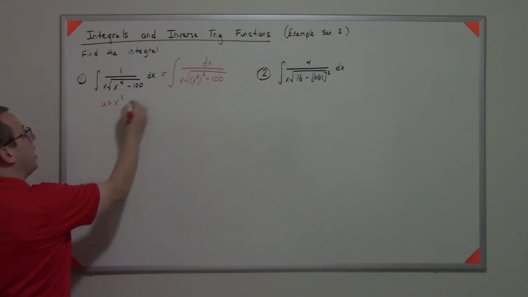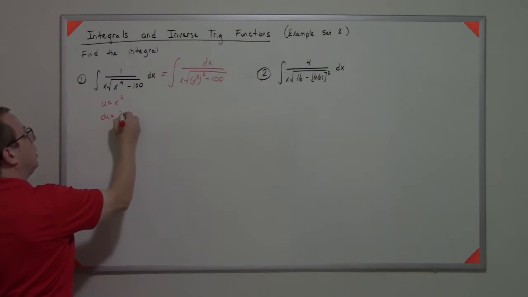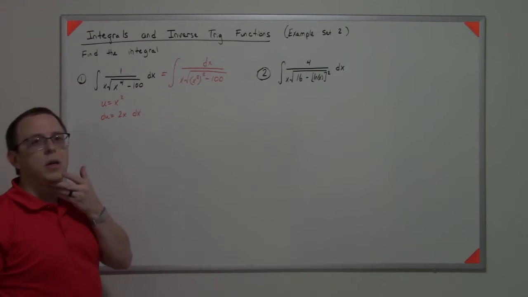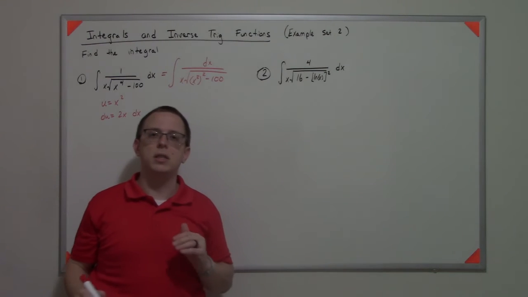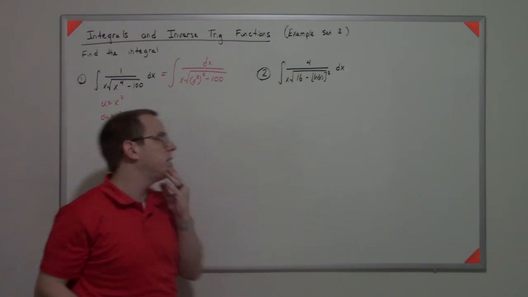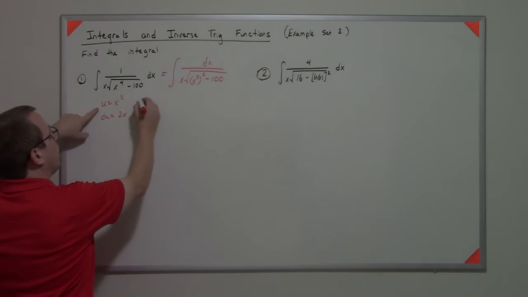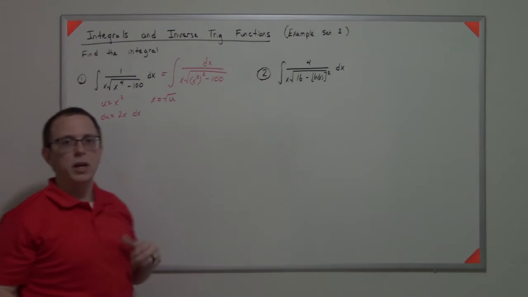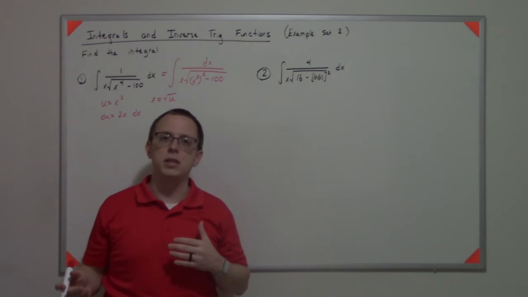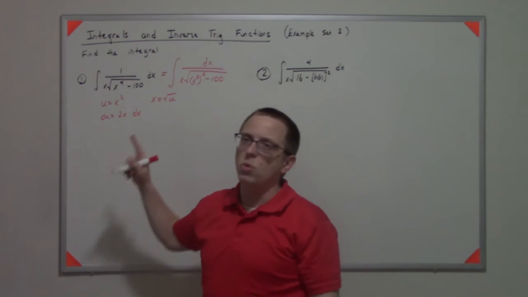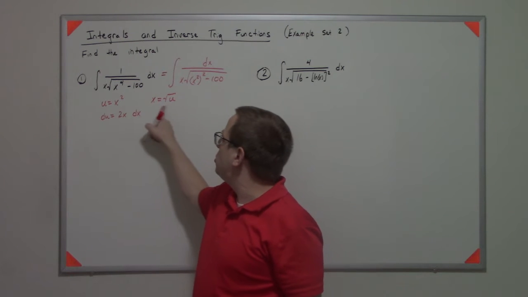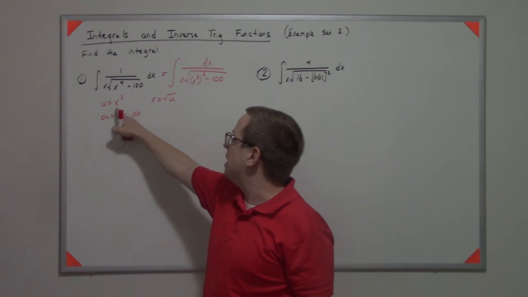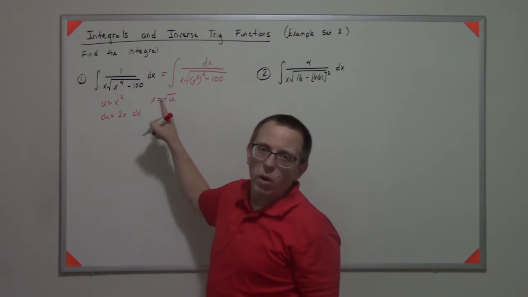So that tells me that du is 2x dx. Now I need to be careful here because this doesn't quite work out, but I'm also going to say if u is x squared, I'm going to let x equal the square root of u. Again, that's a problem because you could have cases where x is negative, so it doesn't quite work out right.